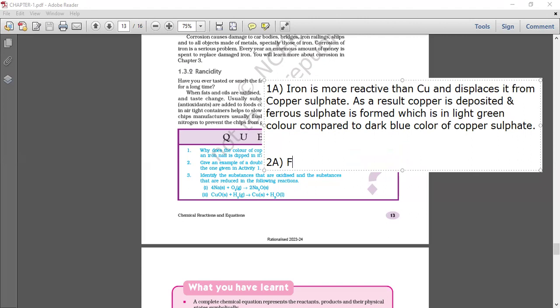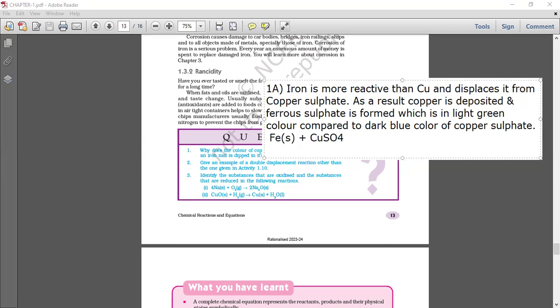Okay, iron plus copper sulfate, CuSO4, where 4 is a subscript, gives FeSO4 plus copper. Sorry, this is not for the second one, this is for the first one only. This reaction is already given.